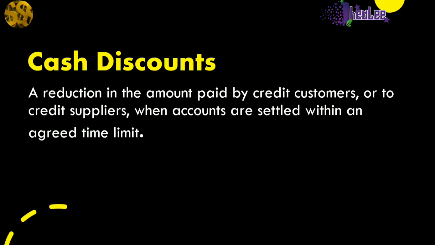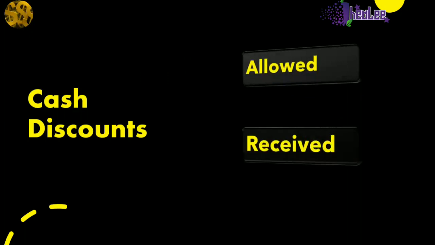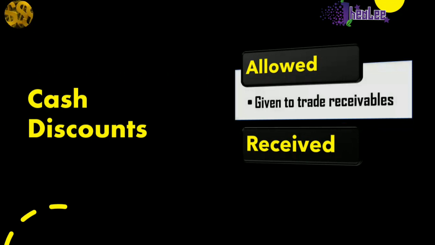Now, we have two types of cash discounts. These are discounts allowed and discounts received. Allowed is given to trade receivables, and these are our debtors. So when they clear the amount that is due within the agreed time limits, we give them that cash discount based on the terms.